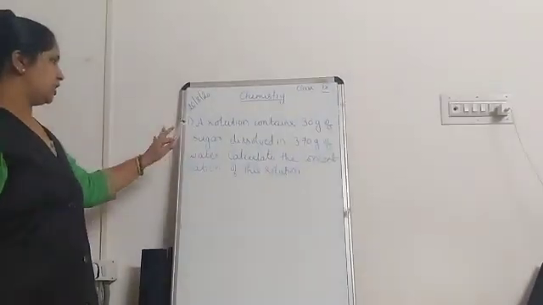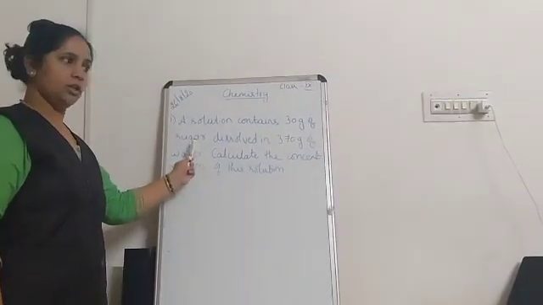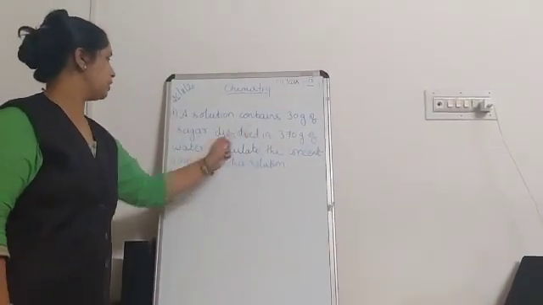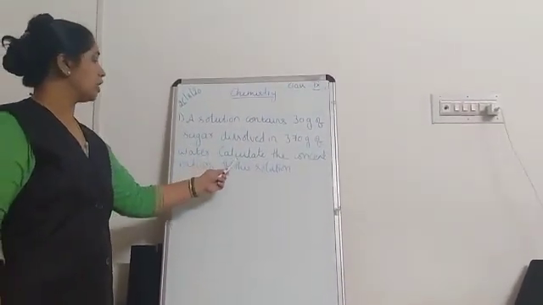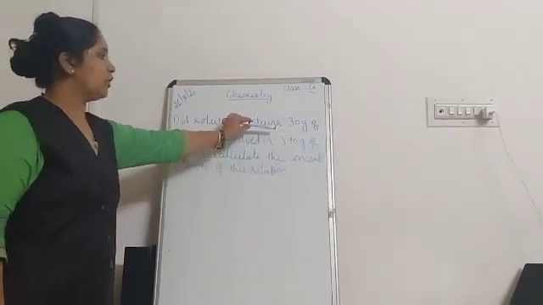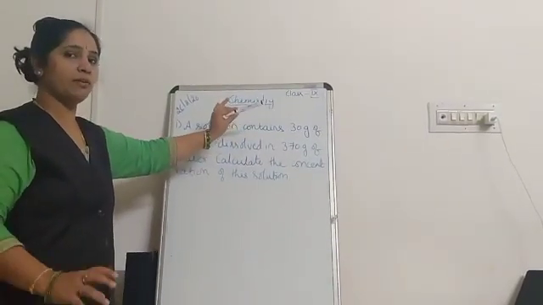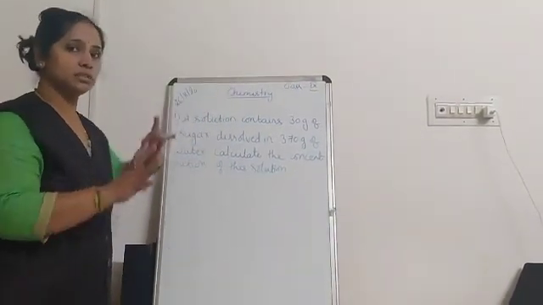The question here is: a solution contains 30 gram of sugar dissolved in 370 gram of water. Calculate the concentration of the solution. So children, when you look at the values here, it is in grams, that is mass. We have to use the mass formula.